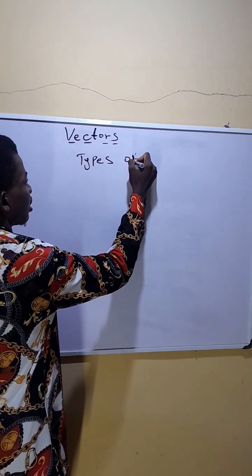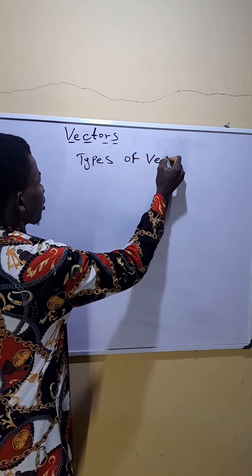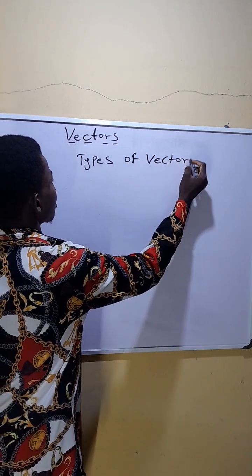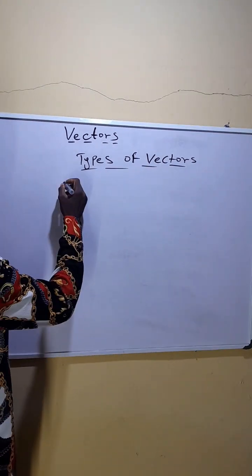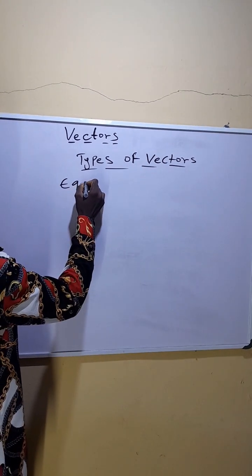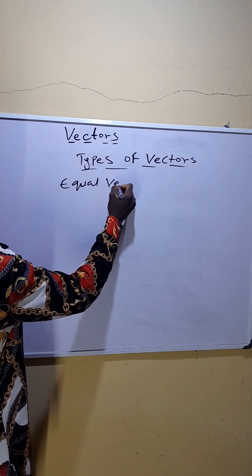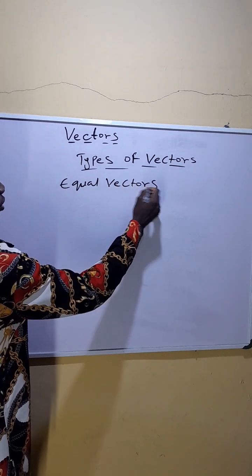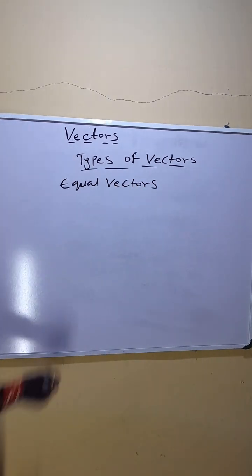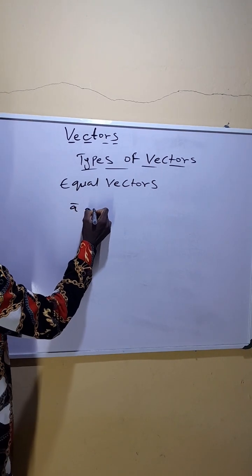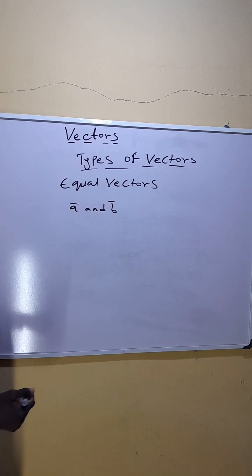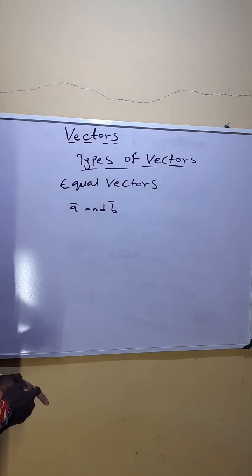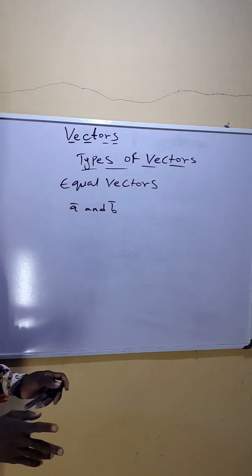Types of vectors. First one, we have equal vectors. Two vectors, A and B, are said to be equal if they are equal in all respects.